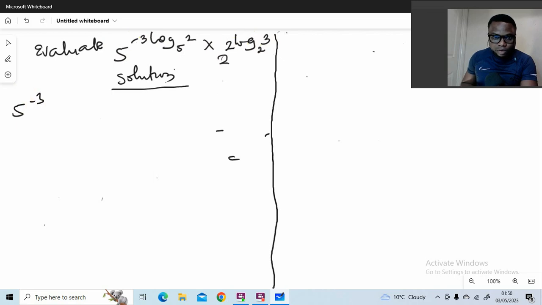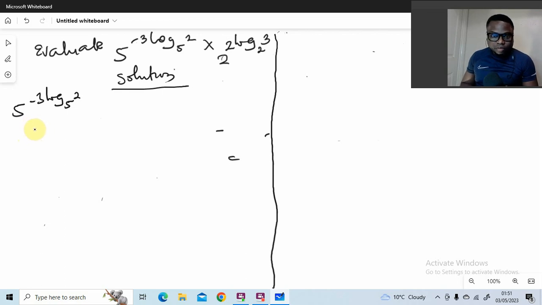5 exponent minus 3 log 5 exponent 2. So I'm going to consider this exponent. The exponent is minus 3 log 5 raised to the power of 2. I'm going to replace this value with a letter x, the variable x.